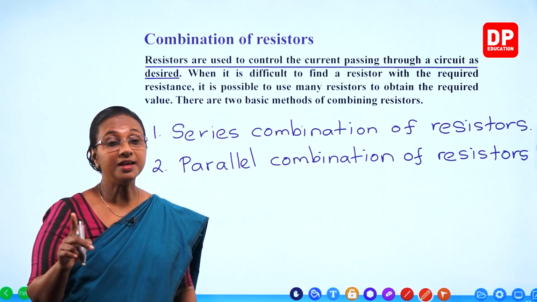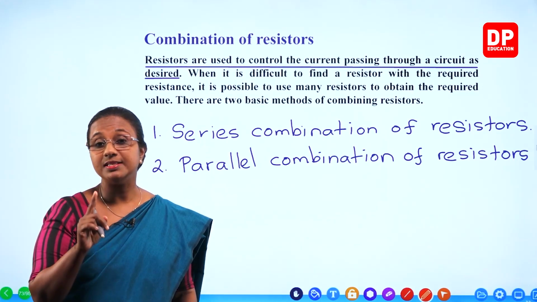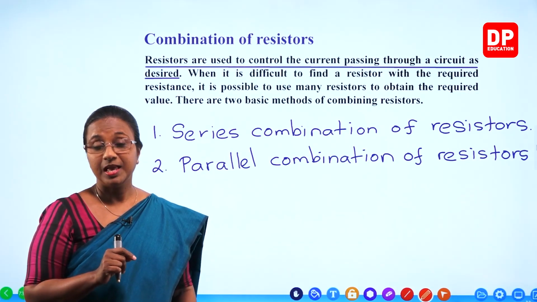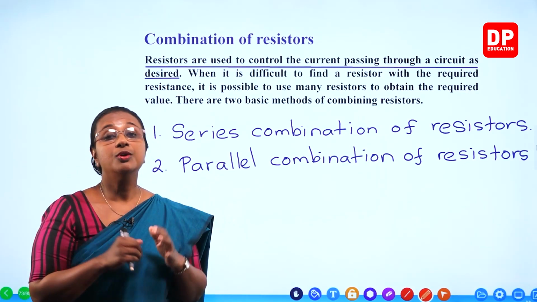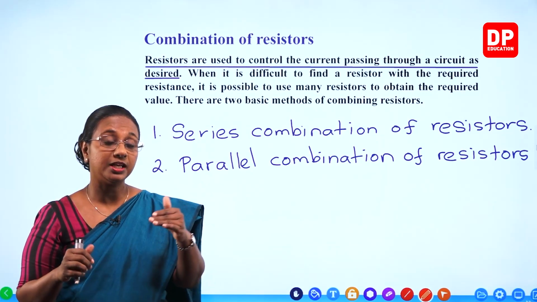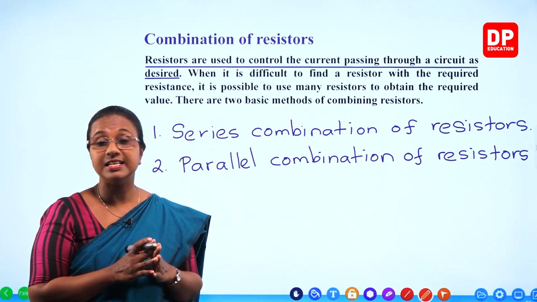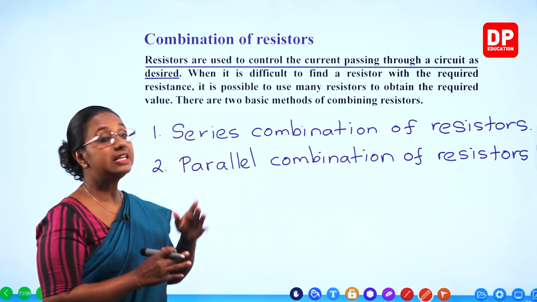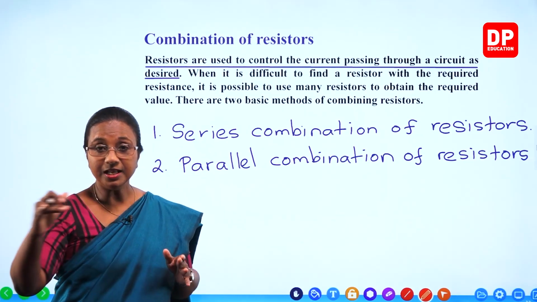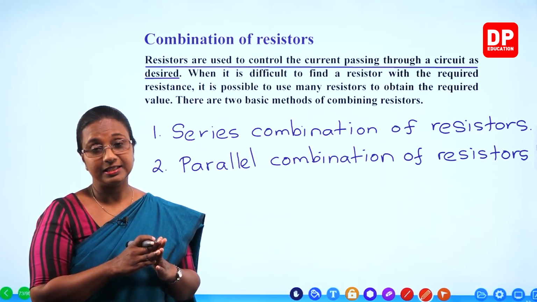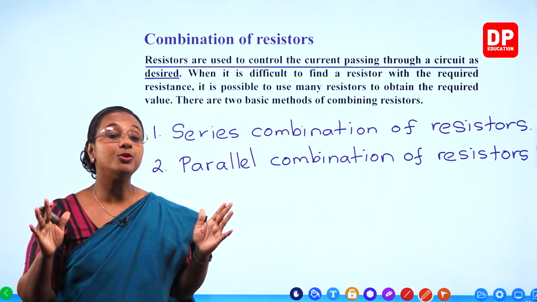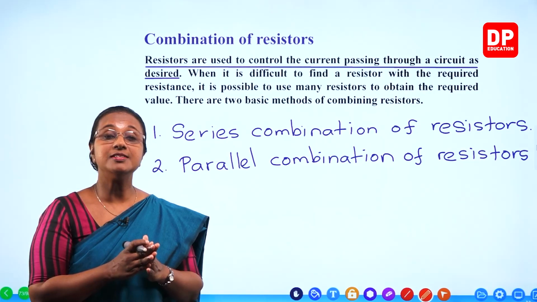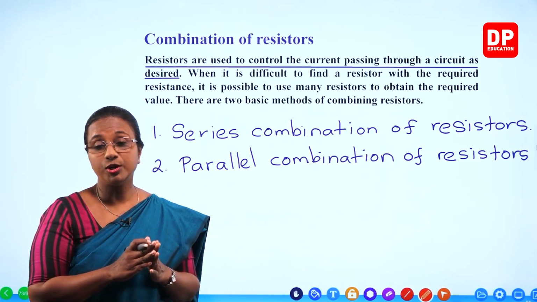You can remember how we connect an ammeter and a voltmeter. If you want to measure the current flow through a particular component, a device in the circuit, you have to have the ammeter in a series manner. It has to be continuously connected. The same way, if you want to measure the potential difference, you all know how you connect the voltmeter.